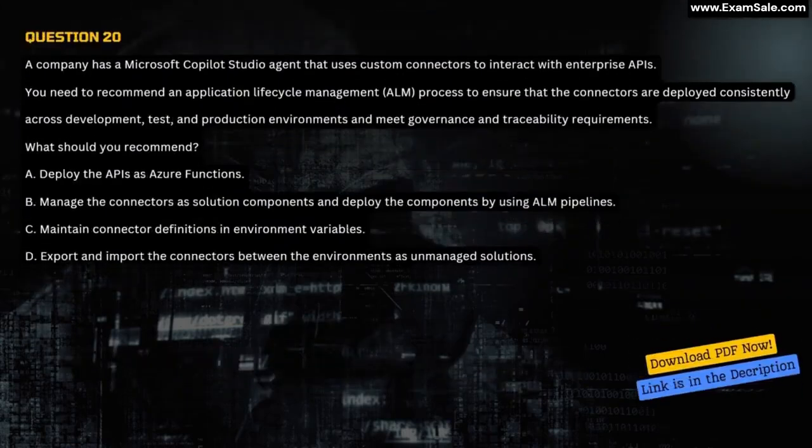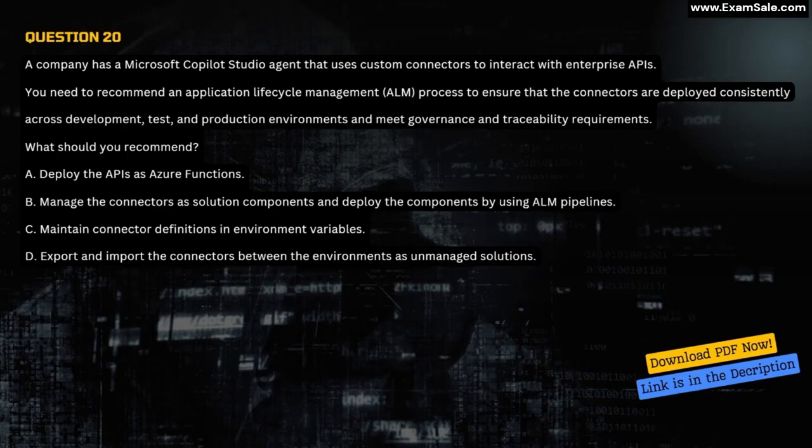Question 20. A company has a Microsoft Copilot Studio agent that uses custom connectors to interact with enterprise APIs. You need to recommend an application lifecycle management (ALM) process to ensure that the connectors are deployed consistently across development, test, and production environments and meet governance and traceability requirements.